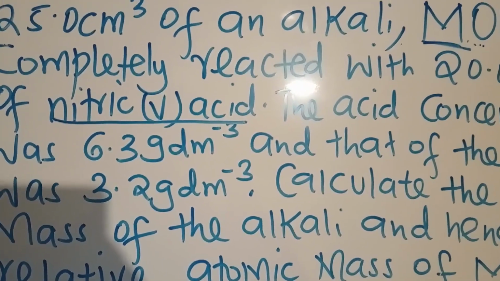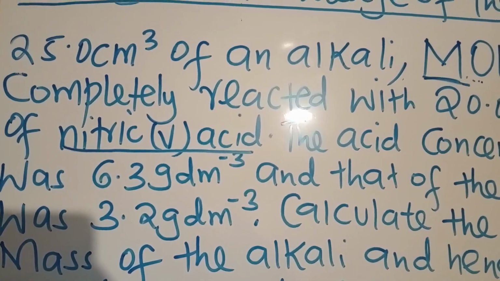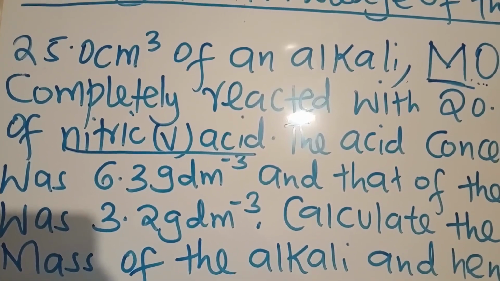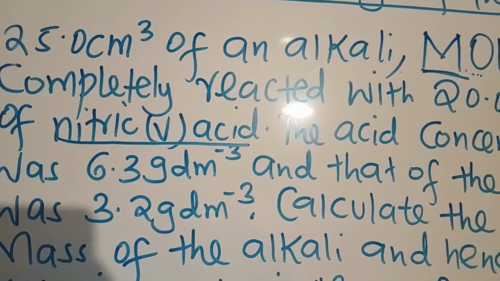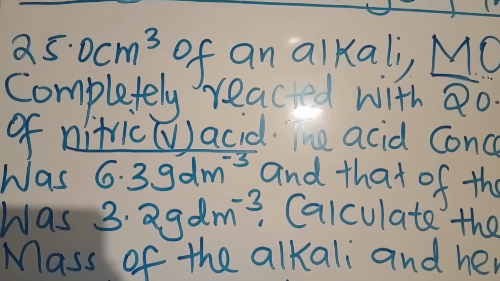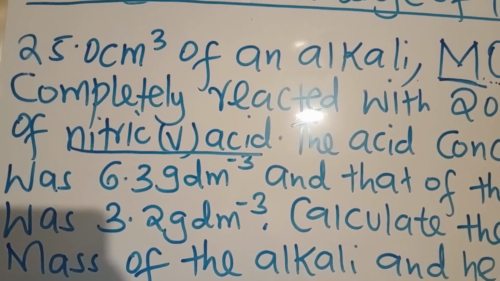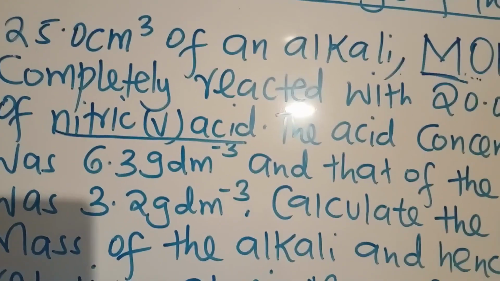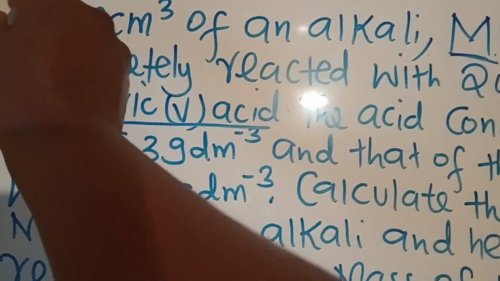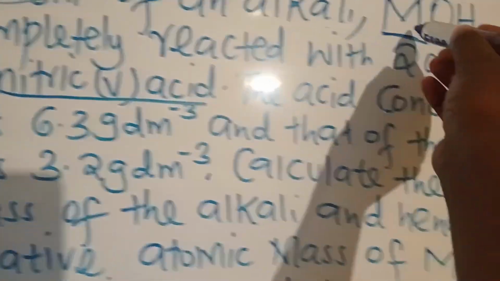Remember, I told you before you rush to the calculation, you need to first of all make sure that everything is well interpreted. So how is the question? We are told 25 centimeters cubed of an alkali. So this 25 will be written under the alkali MOH.